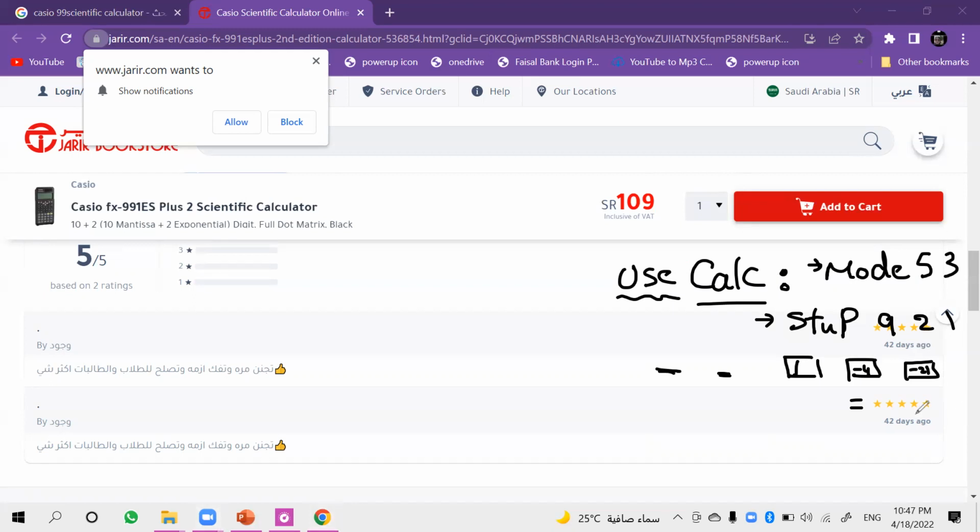Okay, so what did you do here, setup 922 or 21? 22. It's okay. And the gray one, you can use it. Mode 5-3, 22. What you wrote here, 1, and negative 4, and negative 21, yes, right, equal.